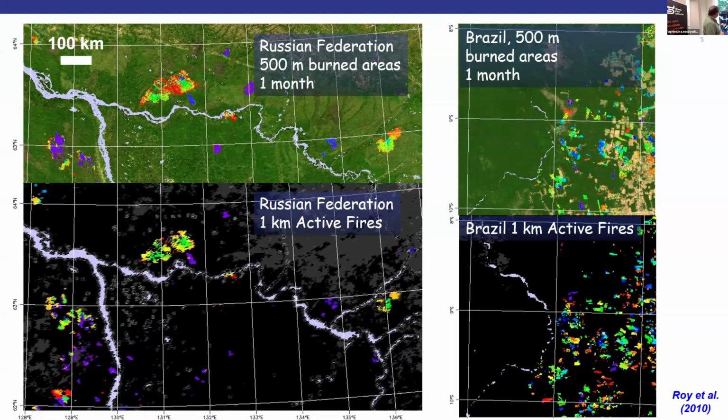Not one-to-one, because these are snapshot polar orbiting observations from MODIS, so the fires are moving. Here, for example, that area might have burned, but the satellite wasn't overhead when the actual active fire was burning. If you're on a polar orbiting satellite, you're only seeing a couple of times a day typically, and you might miss when the fire is actually at a particular location, whereas the burned area captures it all. But this is done in real time, and this is done after the fire typically.